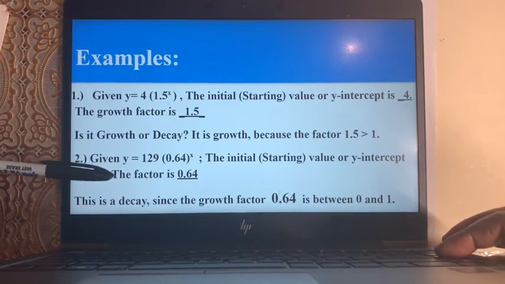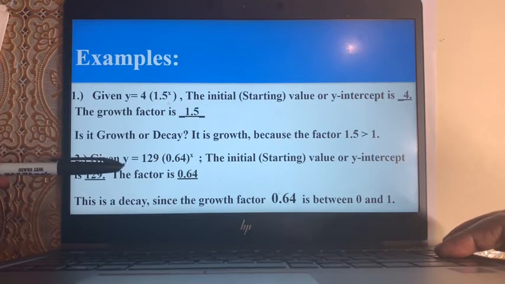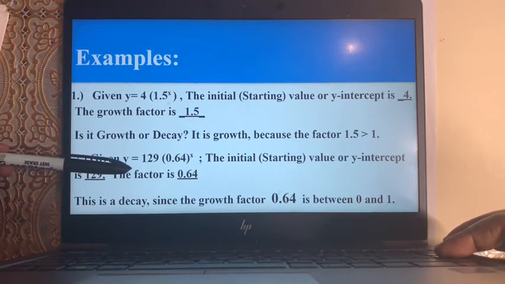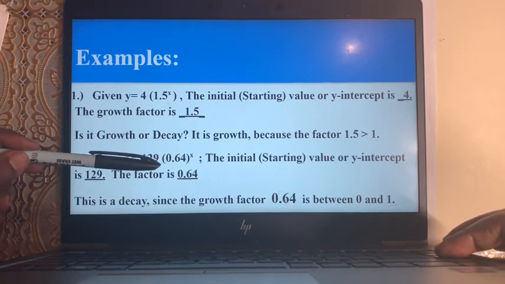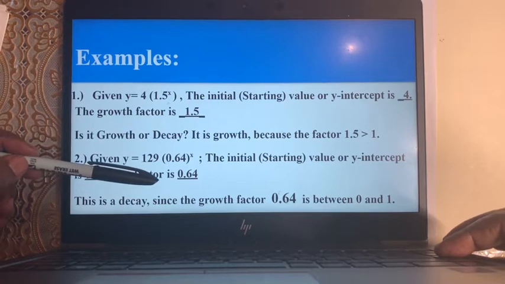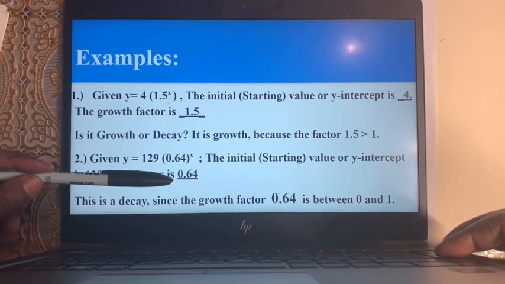In another example, where y is 129 times 0.64 to the power of x, the initial or starting value is 129. The factor is 0.64. This is a decay since the factor, which is 0.64, is between 0 and 1.